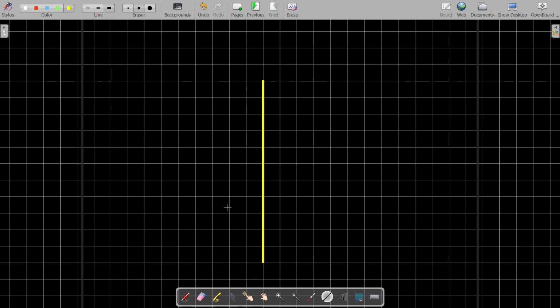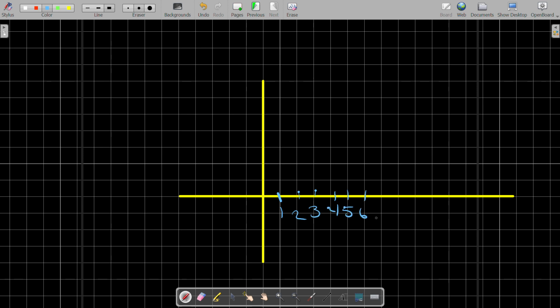Let's say this is 1, this is 2, this is 3, this is 4, this is 5, this is 6, and so on. And then this would be 1, 2, 3, 4, 5, 6, and 7. Okay, so let's plot the points.